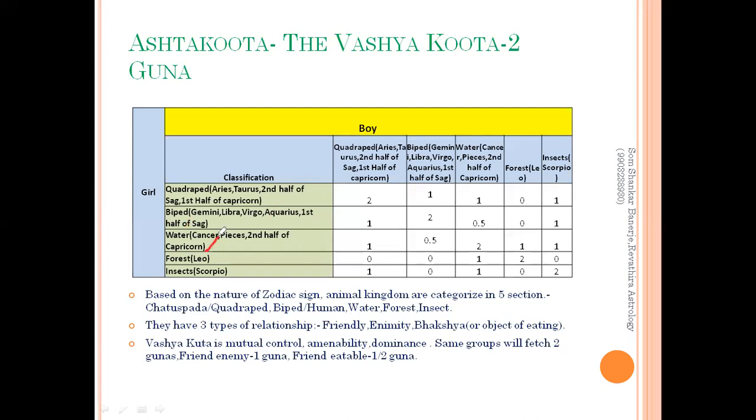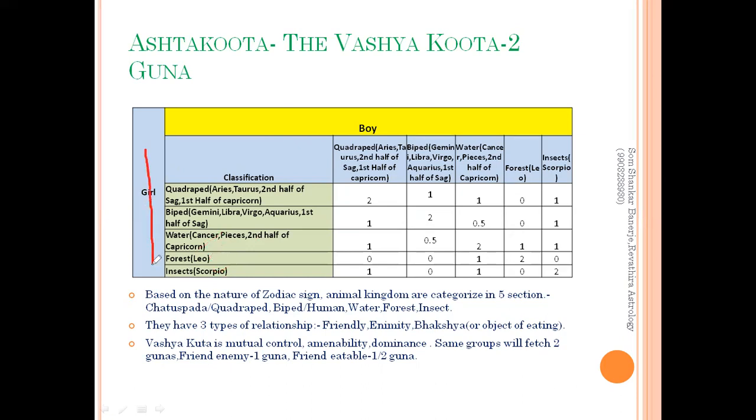Third is water rashis, which are Cancer, Pisces, and the second half of Capricorn. Then there are 2 more sections: one is a forest section and the other is an insect section. So basically the rashis are categorized into 5 types based on animals. We have read that in the very first 2 chapters of BPHS, Brihad Jataka, and everywhere it is mentioned. So: quadruped, biped, water rashi, forest rashi, and insects.